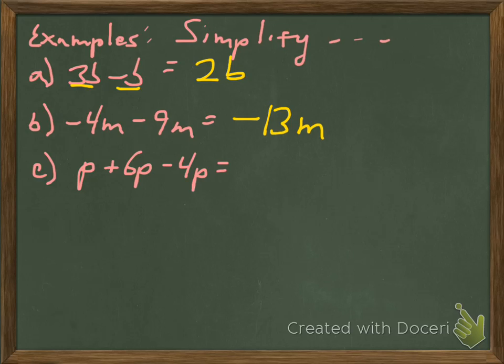And again, we combine the like terms, and for negative 4 and negative 9, we're going to use the 3 commandments, so thou shalt not subtract, so we're going to take negative 4 plus negative 9.